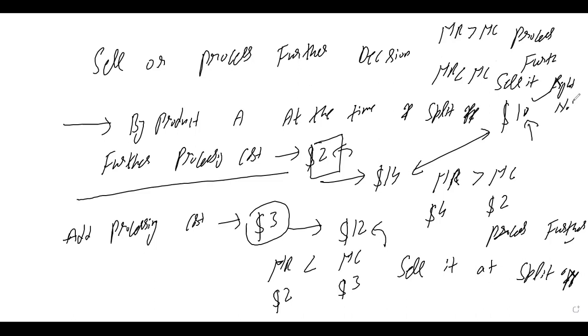So this two-line rule you have to keep in mind whenever you want to solve a question related to the sell or process further decision. I hope that you are clear about the concepts. We will upload the questions video very soon. Thank you very much.